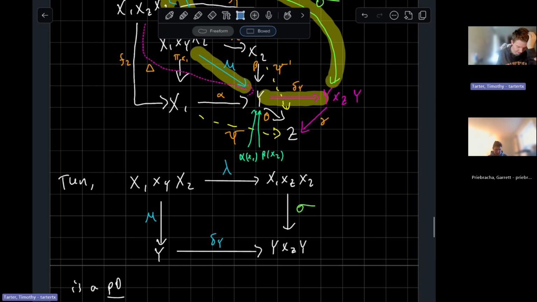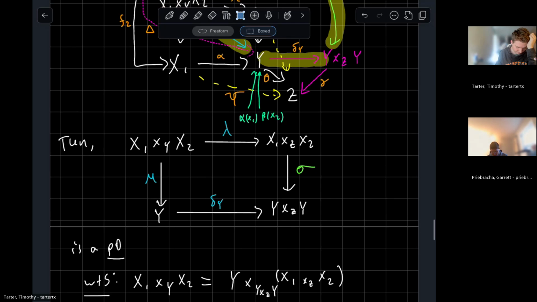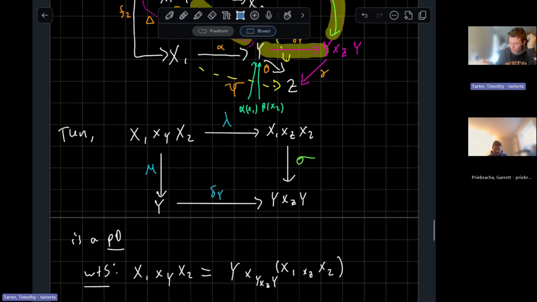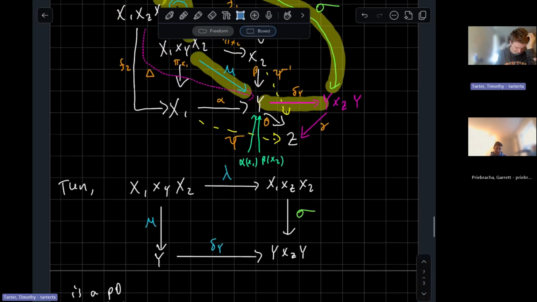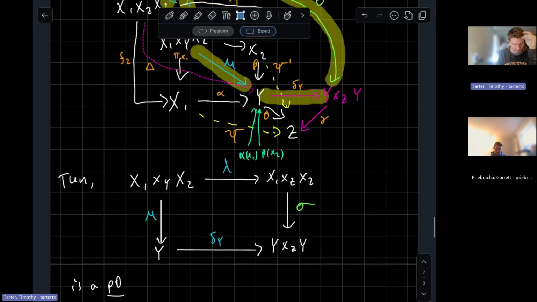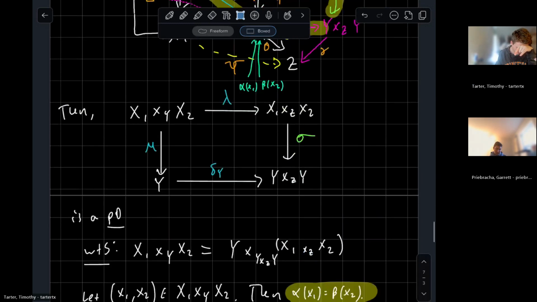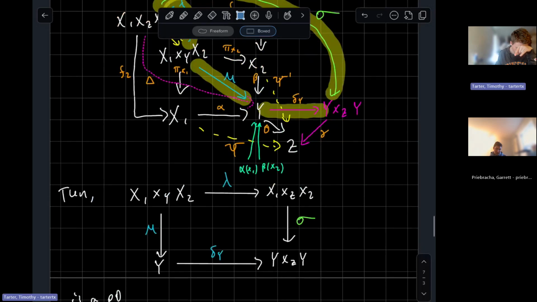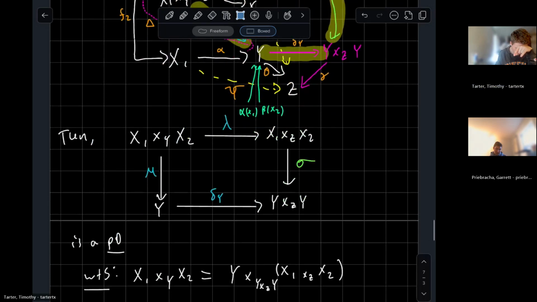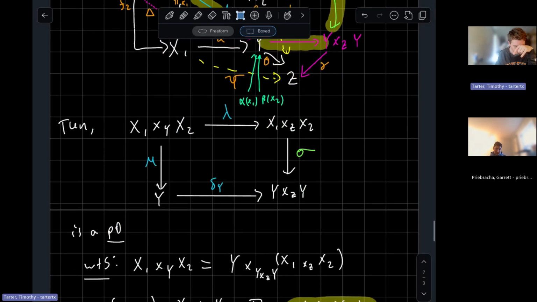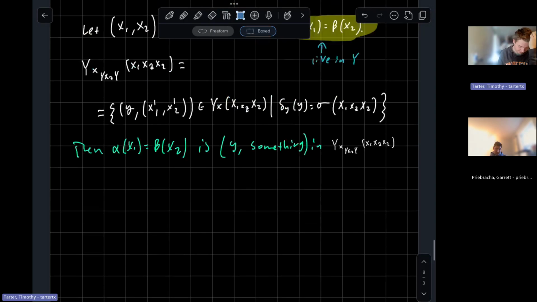So we have that the product of y with itself through z is all of the things in the product of y where theta of y1 is equal to gamma of y2.